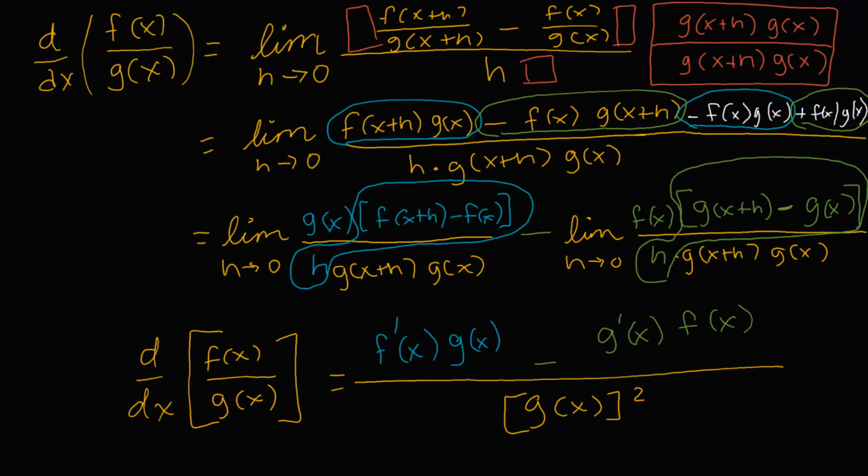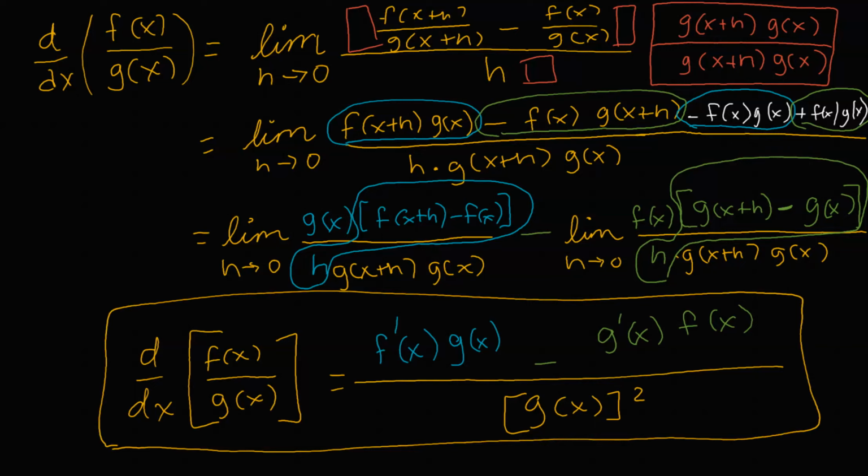The derivative of the quotient is, I would say, a derivative of the first multiplied by the second minus the derivative of the second times the first divided by the second squared. And that is what we call the quotient rule.